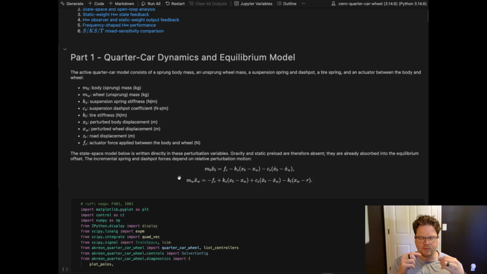I had the free body diagram pointing where the displacements were, in the positive z hat direction, and the forces obviously would oppose that, starting from the top down.